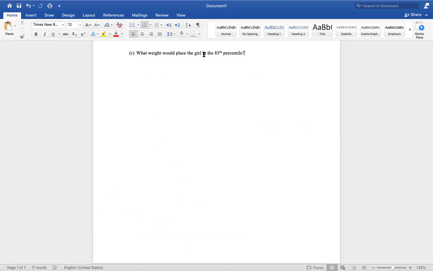What weight places the girl in the 85th percentile? So what we're doing is not finding a probability statement this time. We're just actually using this probability or this area to find the value of x.